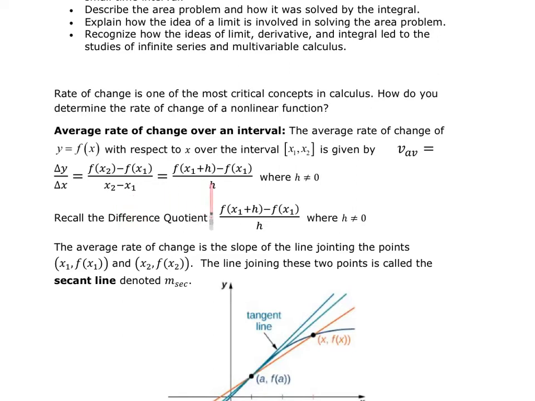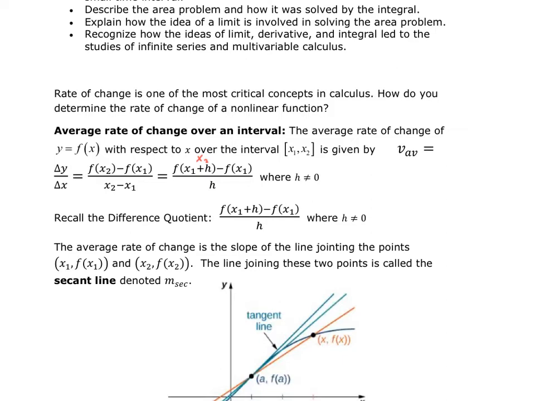Or if you are moving some distance h from your original point x sub 1, moving to the right, we have x sub 1 plus that distance h you have moved. This is similar to x sub 2, and then of course you have f of x1 all over the difference, which is h.